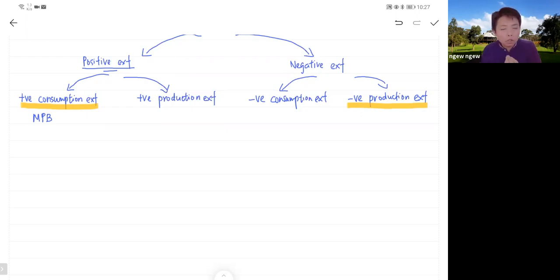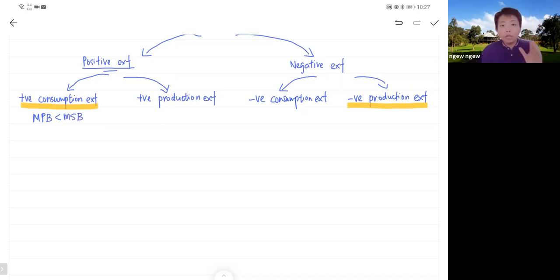So think about it. If my action brings positive effect to the third party, so in overall, the positive effect to the society is greater or smaller than my own benefit? Supposed to be greater. So MPB smaller than MSB.